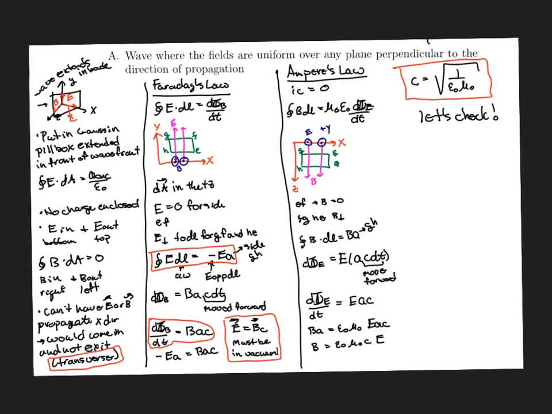So the first thing we're going to do is put our wave in a Gaussian pillbox, and that Gaussian pillbox is going to extend in front of the wave. The front of the propagation of the wave is going to be, say, in the middle of the Gaussian pillbox. We are first going to apply Gauss's law for electricity to our propagating wave. There's no charge enclosed, so Q enclosed would be 0.